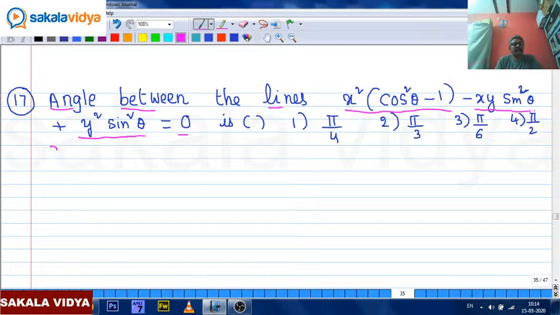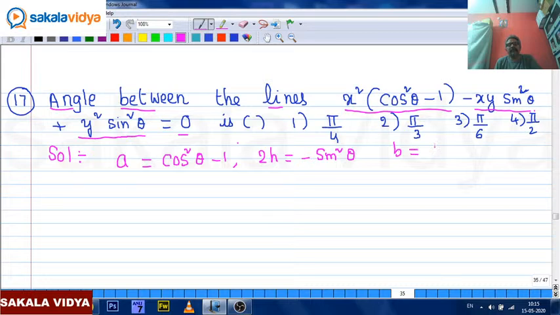So first of all, comparing with the general form, a equals to cos square theta minus 1, 2h equals to minus sine square theta, and b, that is y square coefficient, sine square theta. First let us consider a plus b.